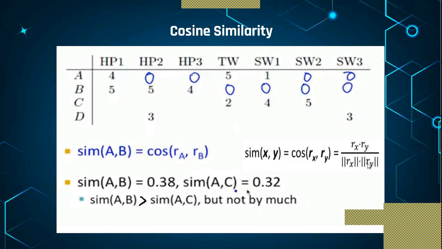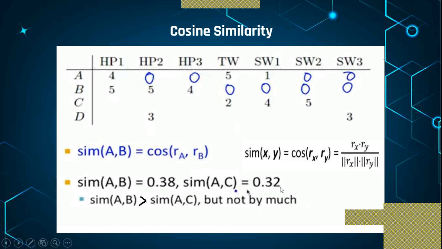Okay, so this is a simple formula to find the cosine similarity, and when you implement it, now you are getting a different output. What is that? Now your similarity between A and B is 0.38, while the similarity between A and C is 0.32.